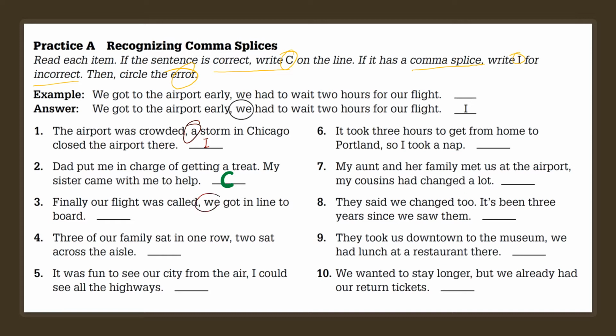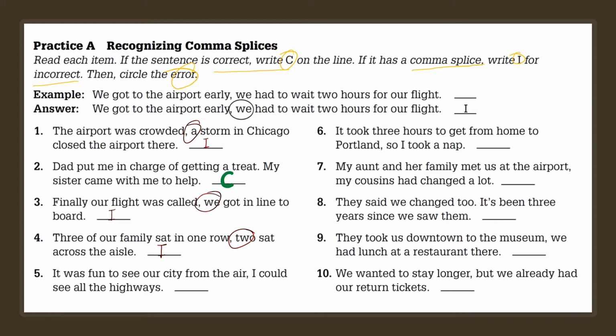So here, the mistake, 2 independent sentences divided only with a comma, which is a mistake. Number 4, 3 of our family sat on 1 row, comma, 2, so this one obviously incorrect.